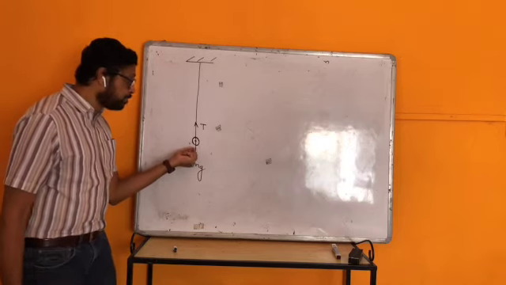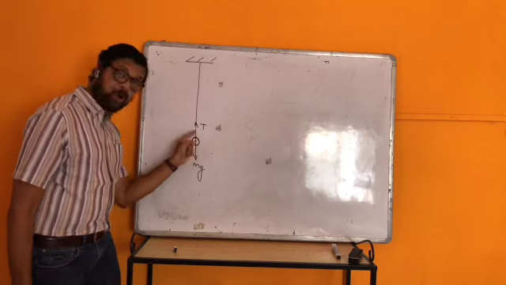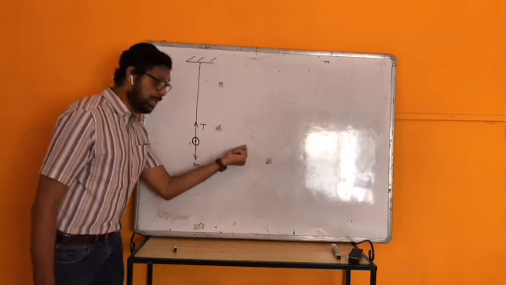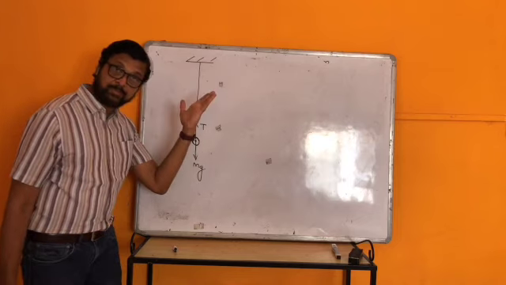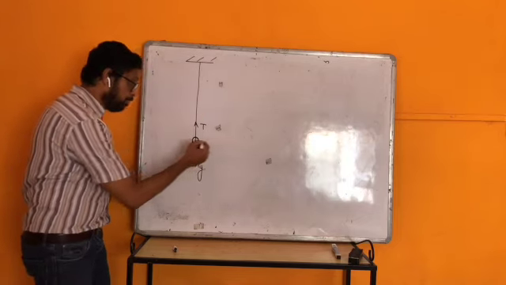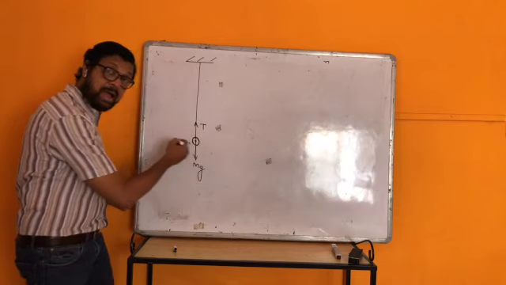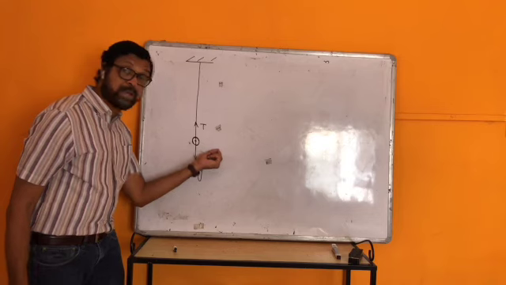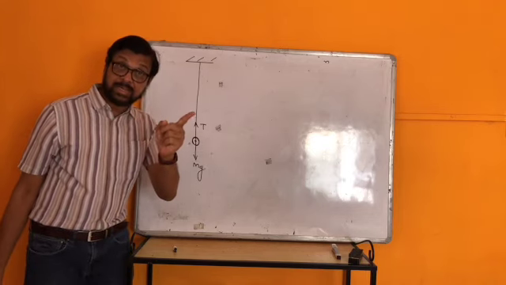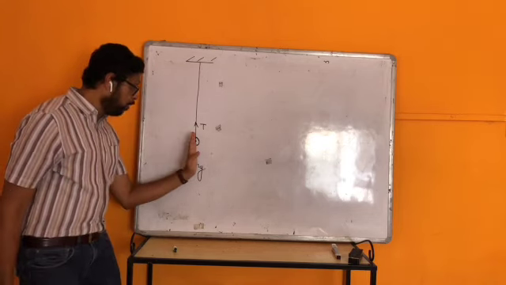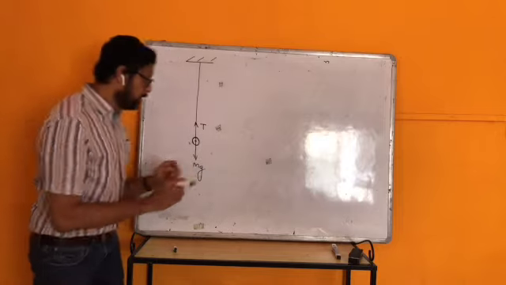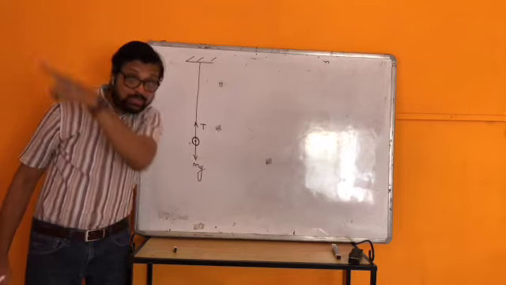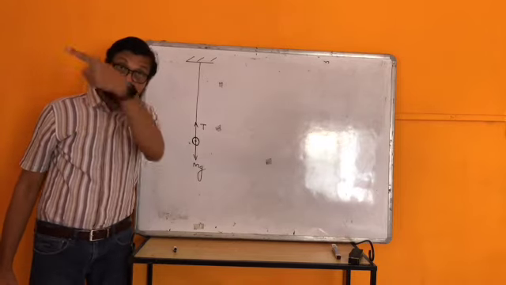Now, if you displace the bob slightly towards one side, pull it to one side and leave it, what will happen? It will perform simple harmonic motion. The bob must be displaced slightly, that is important. Don't pull it too much, because then the motion will not be linear simple harmonic motion.